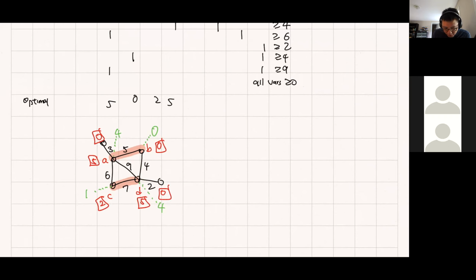Is there something weird going on here? I don't know. Maybe I did something wrong with the equations and inequalities.